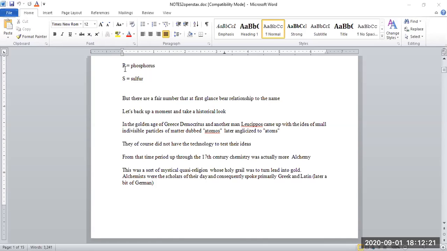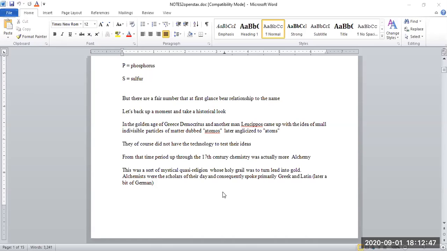So they came up with this idea that everything in the universe was made out of small, and note the word is not invisible, the word is indivisible, meaning it can't be cut. And they dubbed them atomos. Part of this should look really familiar because we've got atomos.